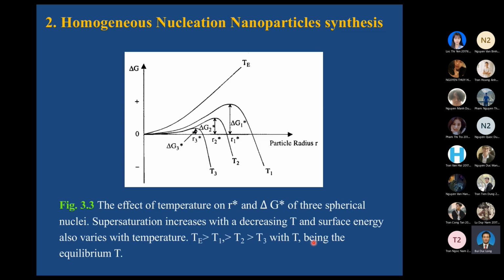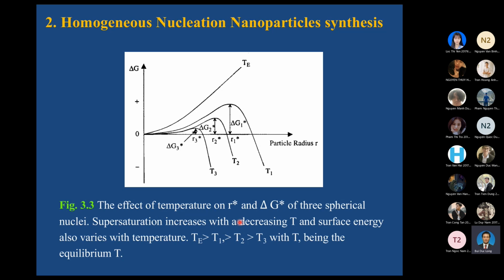This figure shows the effect of temperature on R star and ΔG star of a spherical nucleus, with ΔG against particle radius R. Supersaturation increases with decreased temperature.